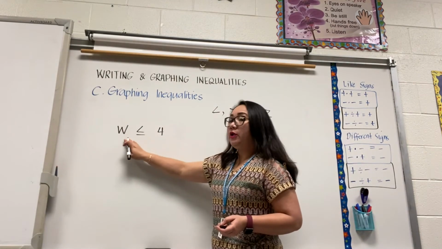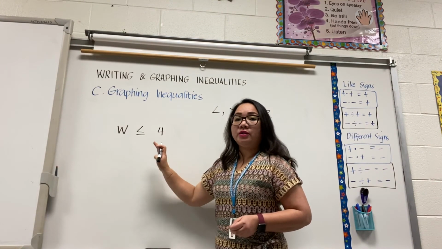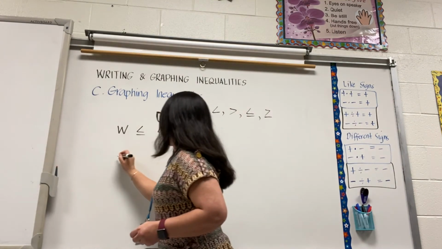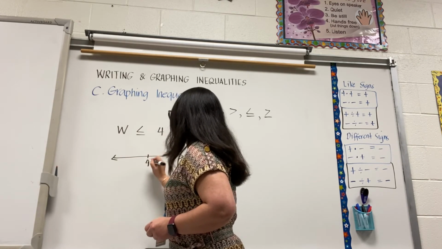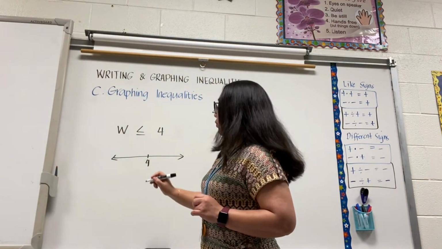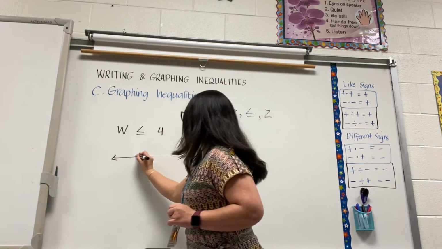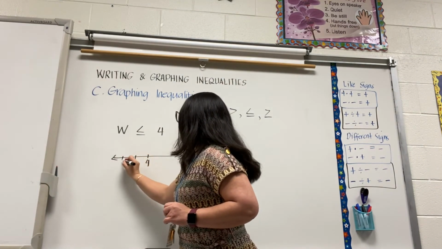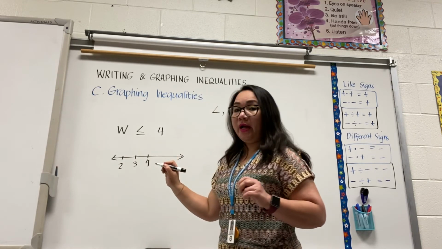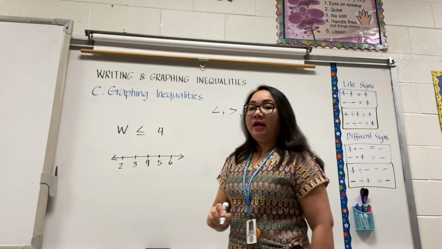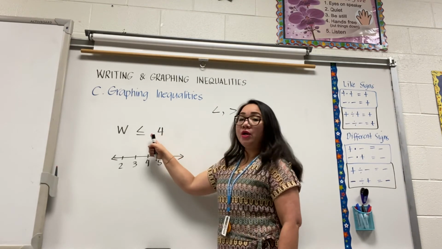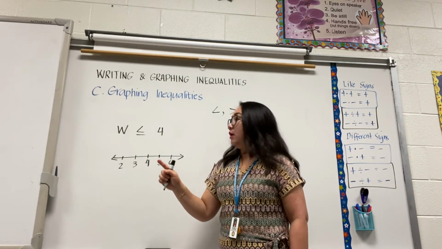Next, W is less than or equal to 4. So draw a number line. 4 in the middle. And then numbers to the left of 4, we have 3, 2. To the right of 4, we have 5, 6. So it says here, less than or equal to 4.